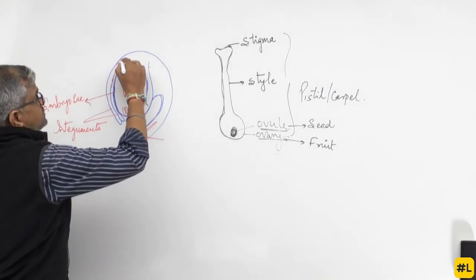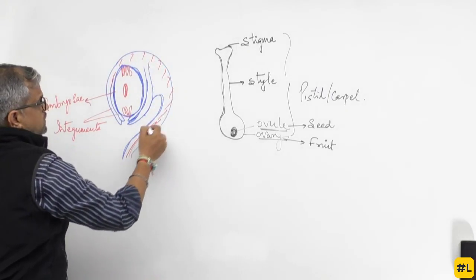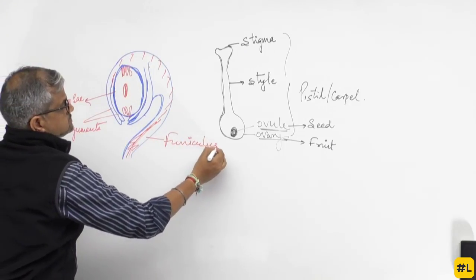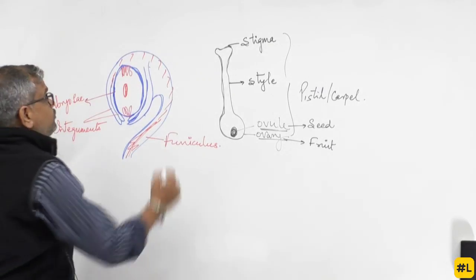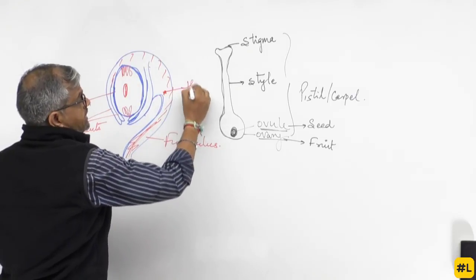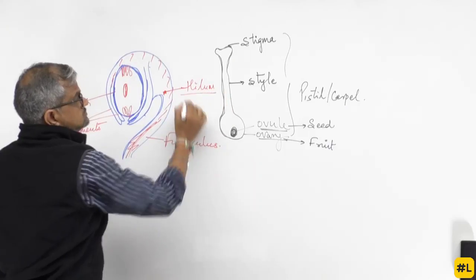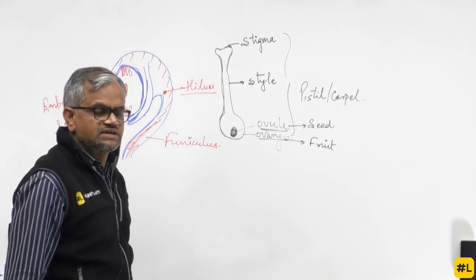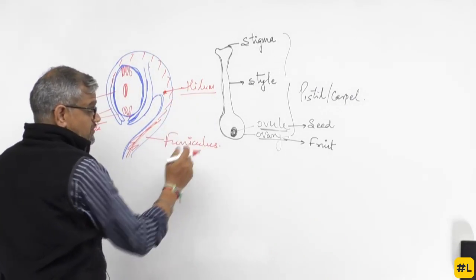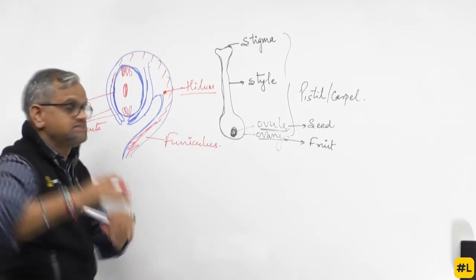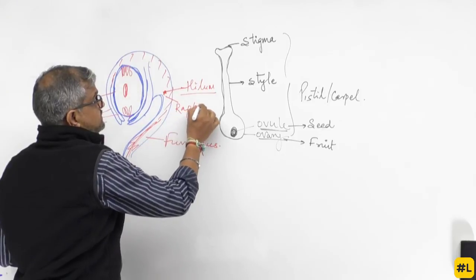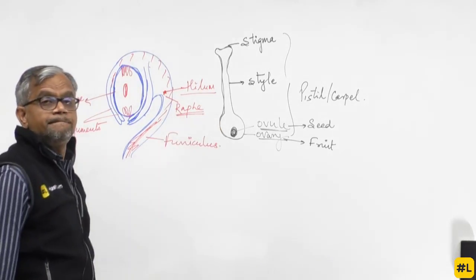This complete structure, which is coming towards the peripheral area, is called the funiculus. The point at which the funiculus is attached is called the hilum. When the funiculus gets detached, the point of detachment is called the raphe.